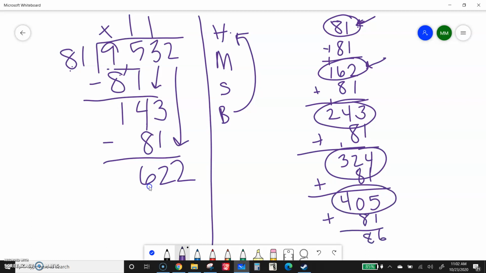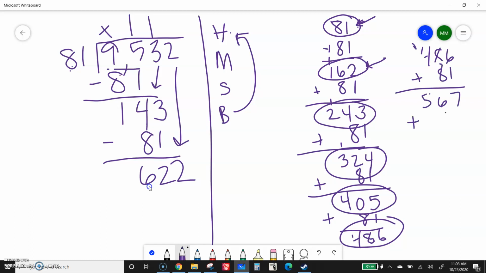I should circle that one so I don't forget. 4. Okay, 486. I'm going to go up here. Add 81 more. 7, 16, 5. Okay, maybe once more. Let's try it and see. 8, 14, 648. Oop, that's too big.